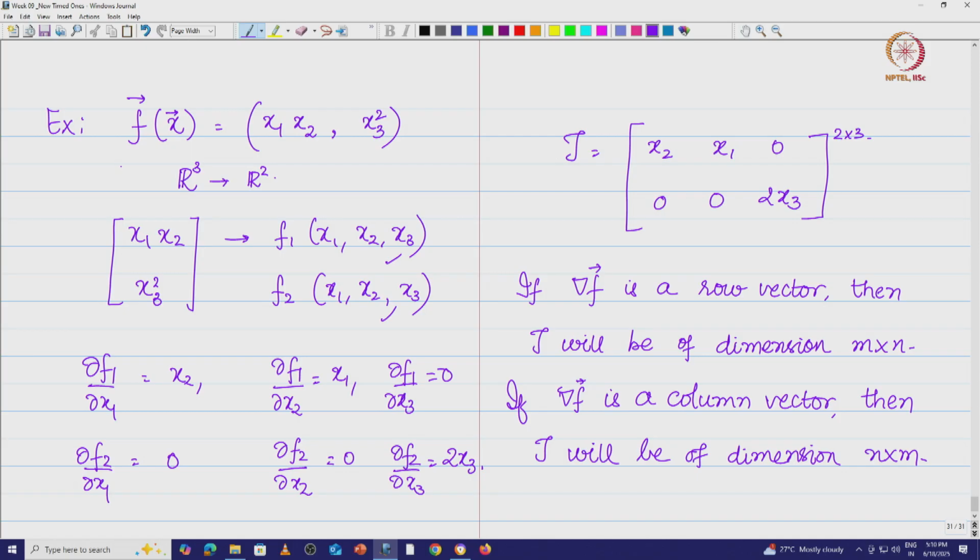Whenever you have a layout in which the gradients are stacked as row vectors, the case where I have m by n, then I am going to call it the numerator layout. This is called the numerator layout.